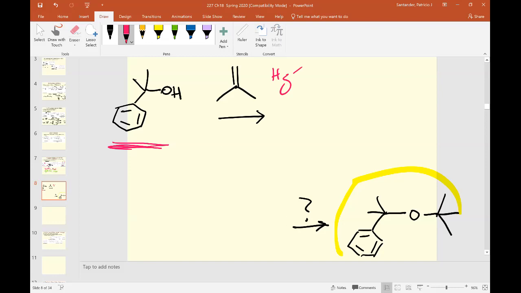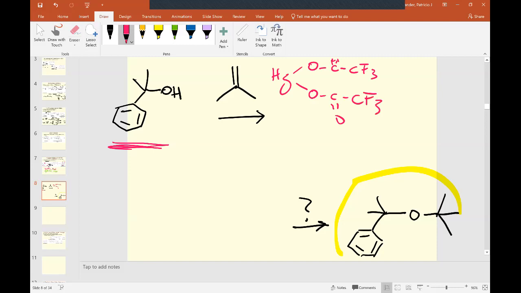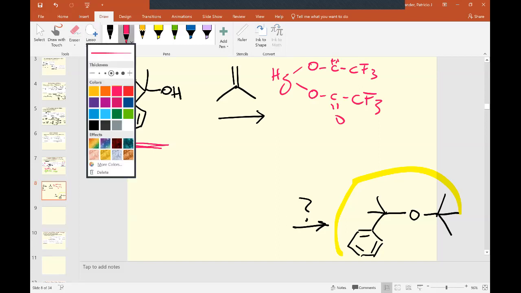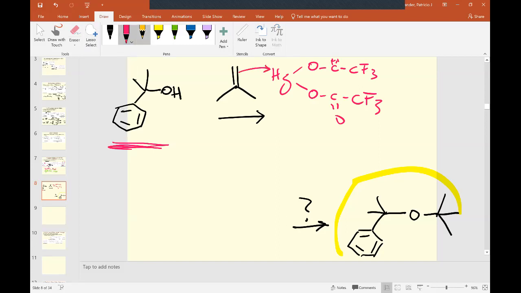So I'm going to write it like this. Let me just write it down explicitly. OCOCF3, and then OCOCF3. So what is going to happen is that you will have attack of the double bond on the mercury, attack of the mercury on the other carbon of the double bond, and departure of one of the trifluoroacetate units.